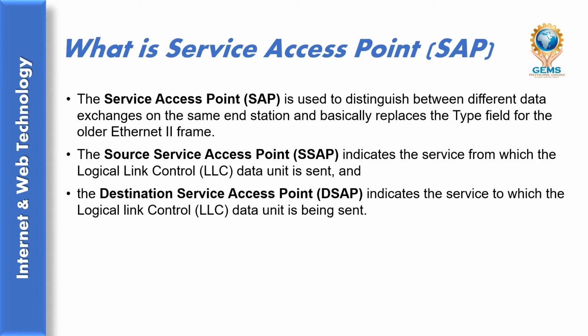The source service access point indicates the service from which the logical link control, LLC, data unit is sent, and the destination service access point indicates the service to which the LLC data unit is being sent.